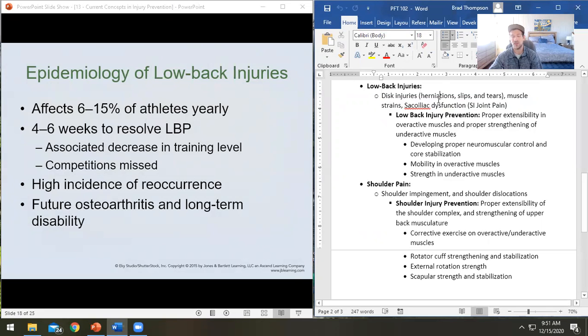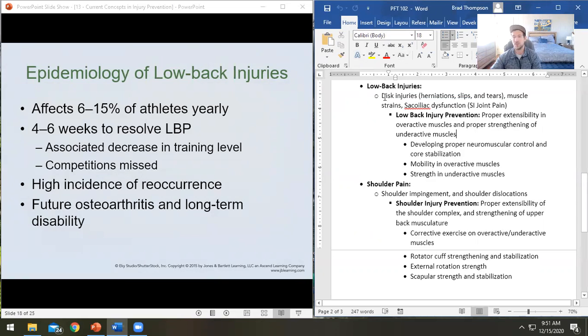And low back injuries are huge. They affect about 6 to 15% of athletes. That's actually a fairly low percentage. But athletes often have relatively strong cores, but not always. Or maybe they have a strong core, but they play a really hard sport, and so it is still going to happen no matter what.